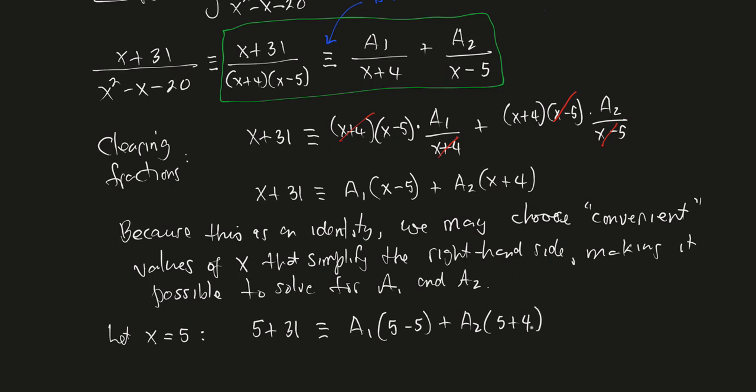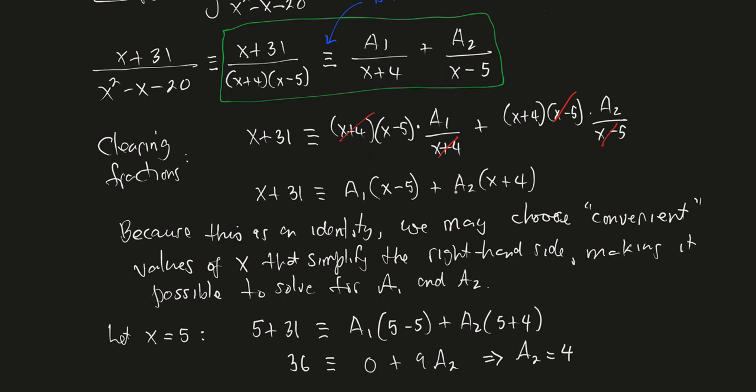So this simplifies to 36. This simplifies to 0. And then this simplifies to 9a2. So therefore, a2 has to be equal to 4. So by making this choice, I eliminated this term and it allowed me to solve for a2.